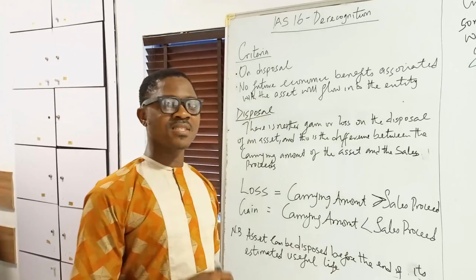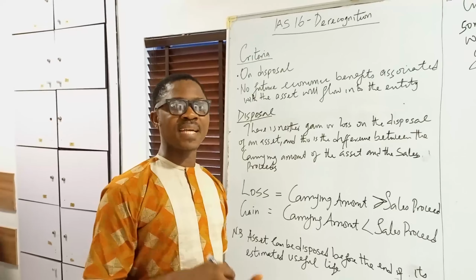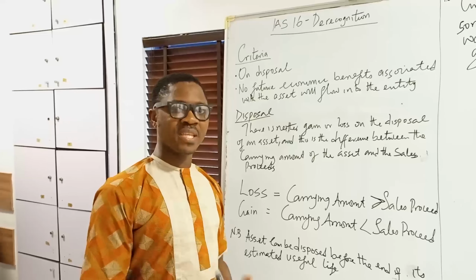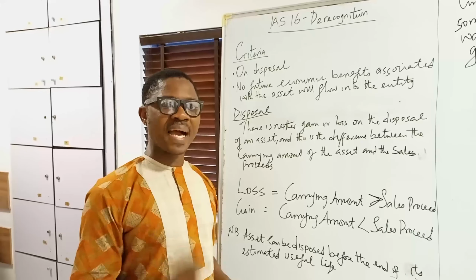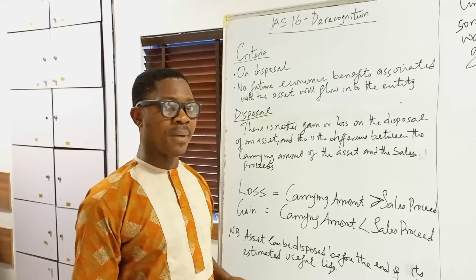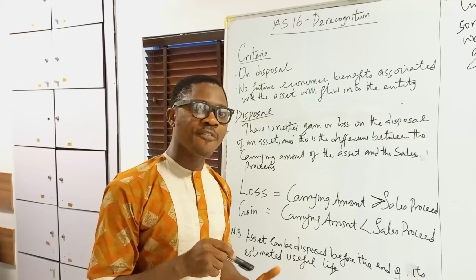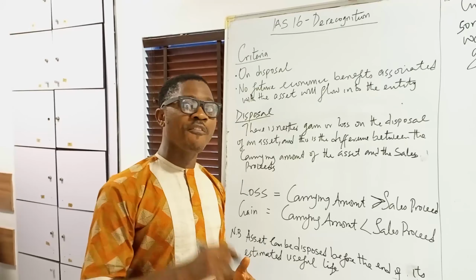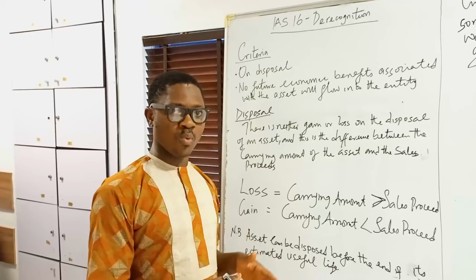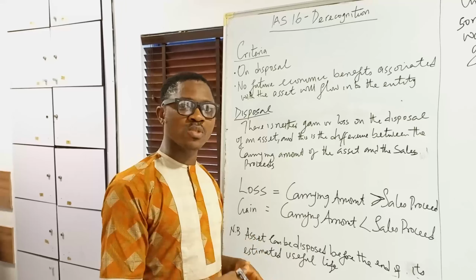The second derecognition criterion is when no future economic benefit associated with the asset will flow into the entity. Remember that under recognition criteria, we said that probable future benefit will flow into the entity.